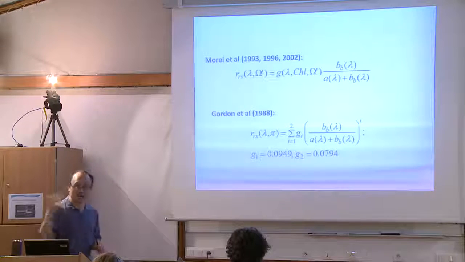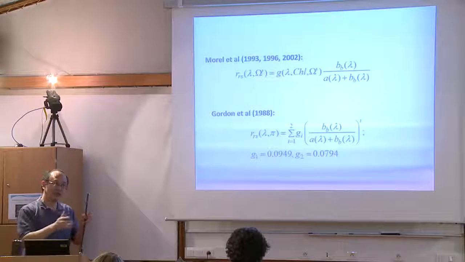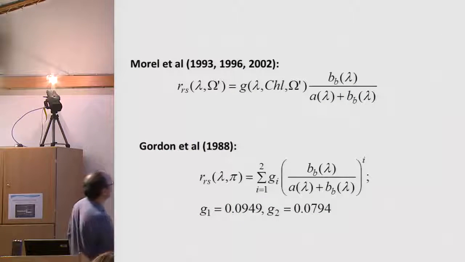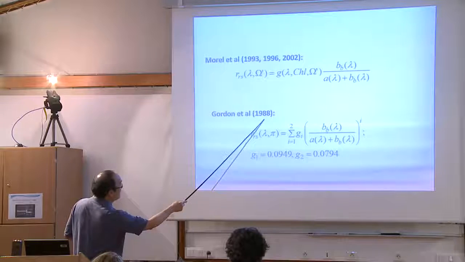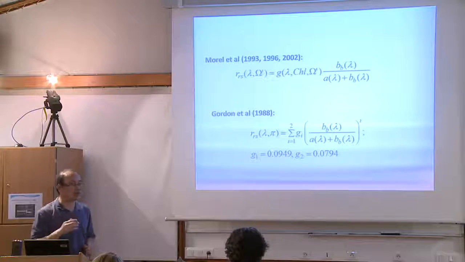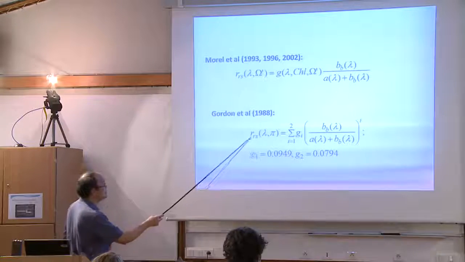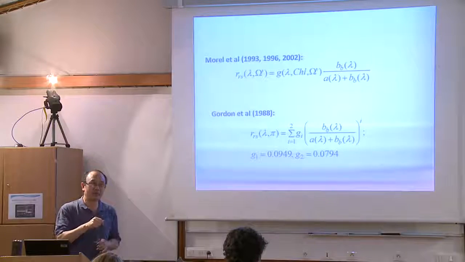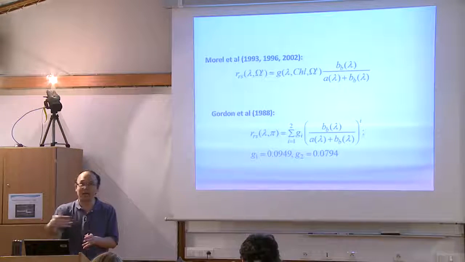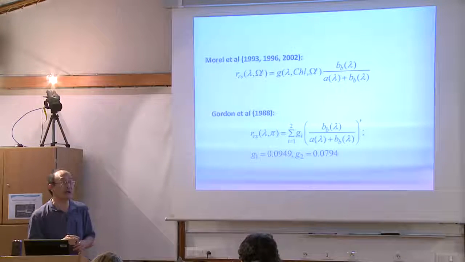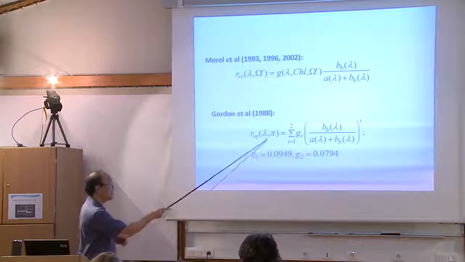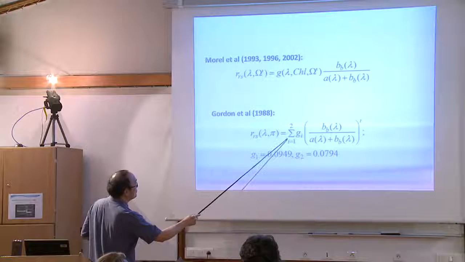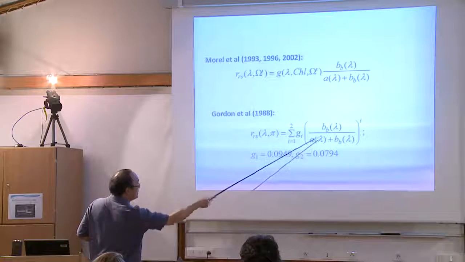So that's another approach to link remote sensing reflectance with IOPs, with bb and a plus bb. Also, there is Gordon's 1988 publication or formula. It's also remote sensing reflectance. This pi means it's vertical, because as we talked about, radiance is angle dependent, so you have to specify an angle. Normally we're talking about the vertical angle. Here remote sensing reflectance is a power of 2 of bb over a plus bb.